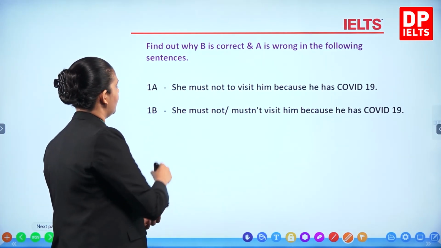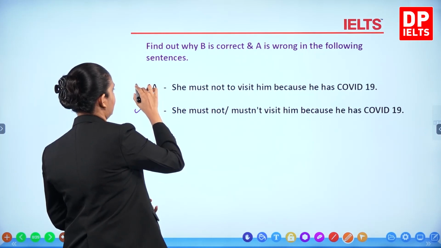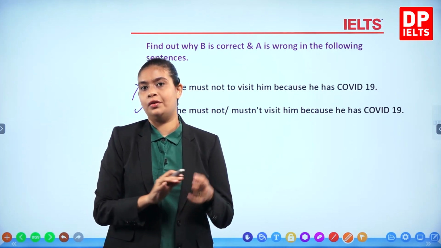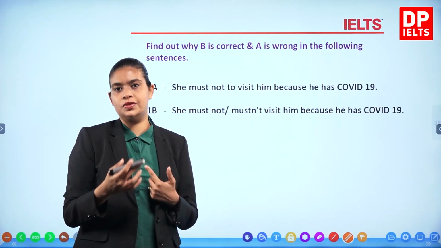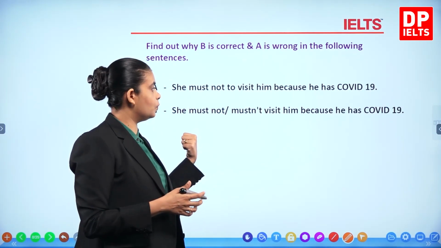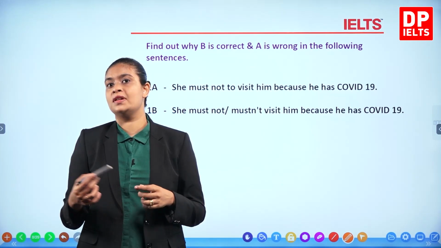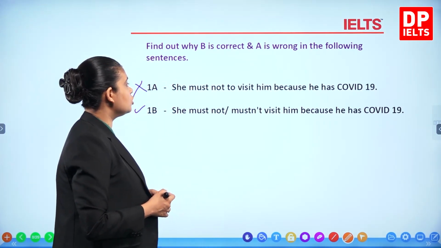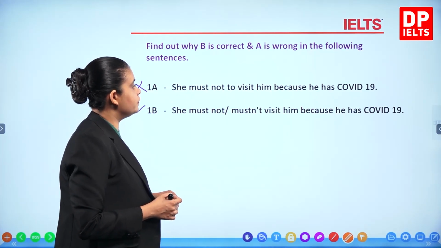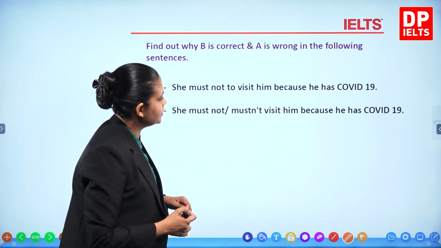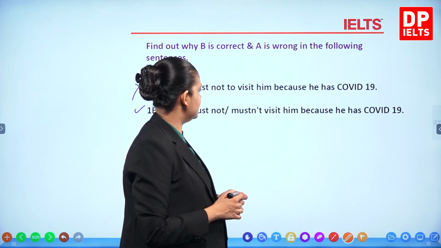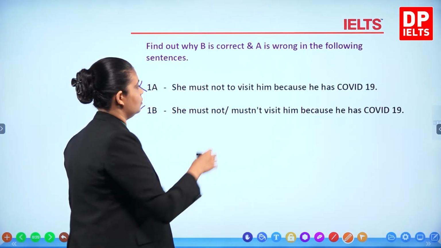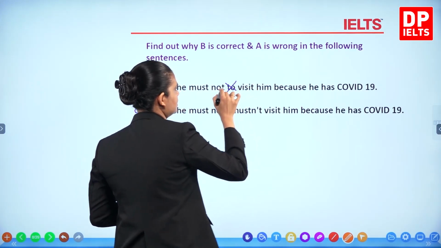Find out why B is correct and A is wrong. Now, I think we have done a lot of forms and the uses of it, right? Now, we need to check and see which ones are correct, which ones are wrong, right? She must not to visit him because he has COVID-19. Okay. Now, do you need the to when you're writing it?